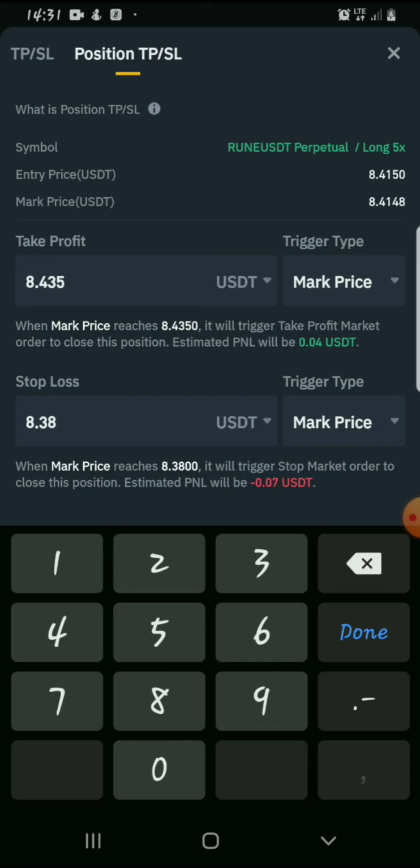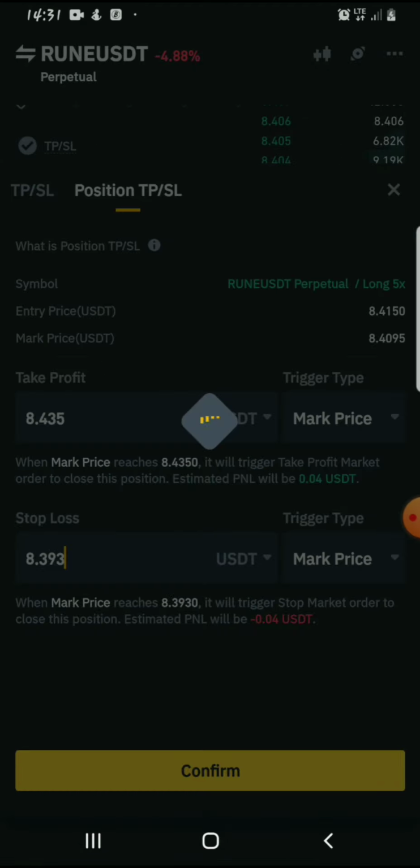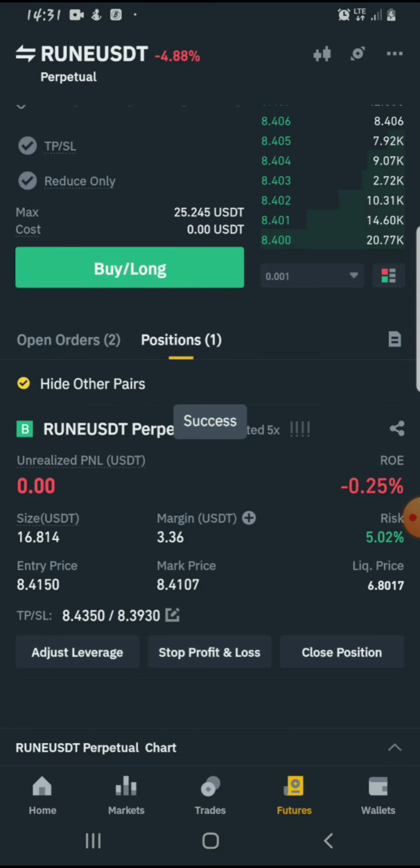Alright, the balance is 8.388. Let me just make a 50-50. So that's it. That's actually how it works.